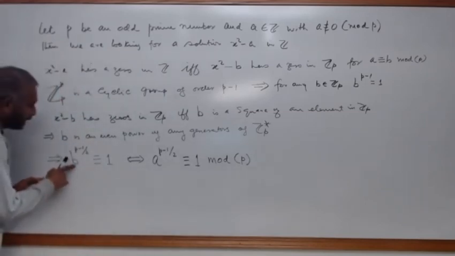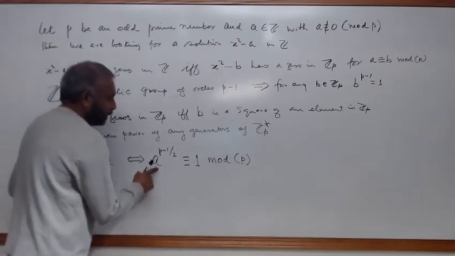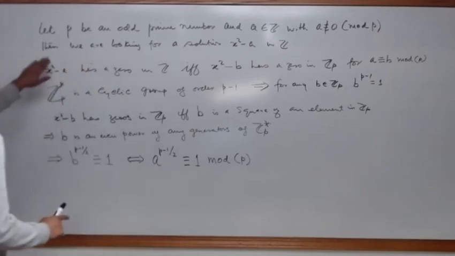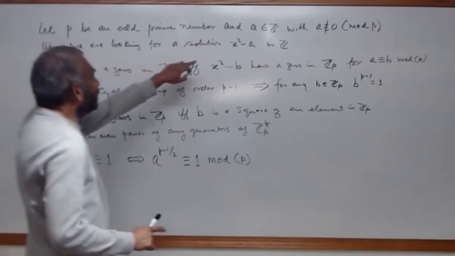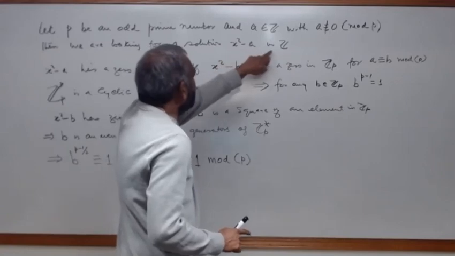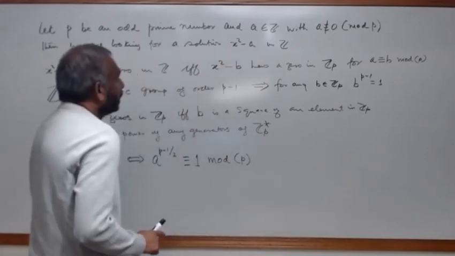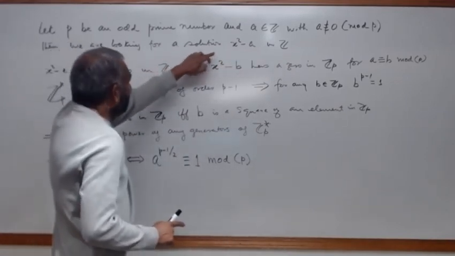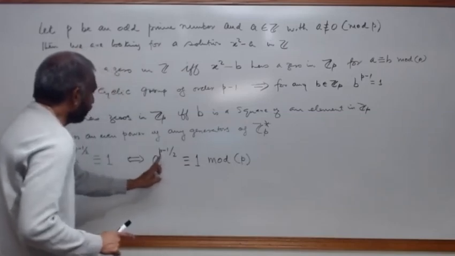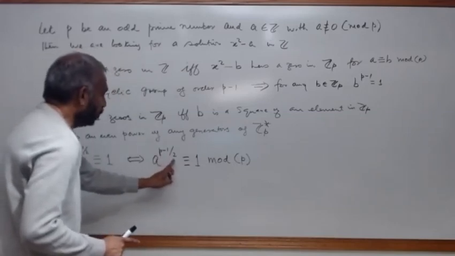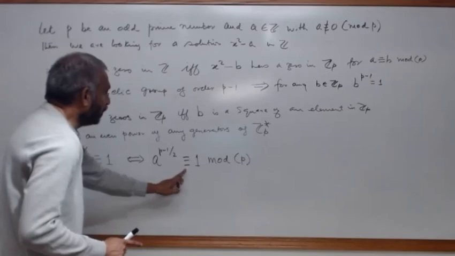Because this b is in Zp, this a is in Z. So if you want to have a solution for x square minus a in Z, the condition is that a to the power of p minus 1 over 2 is congruent to 1 mod p.